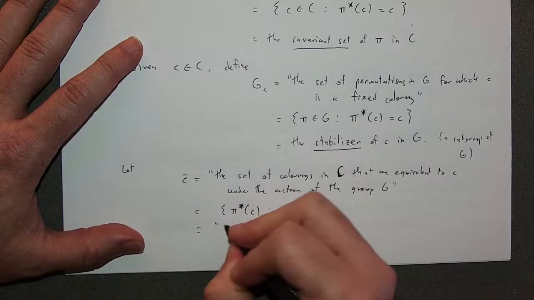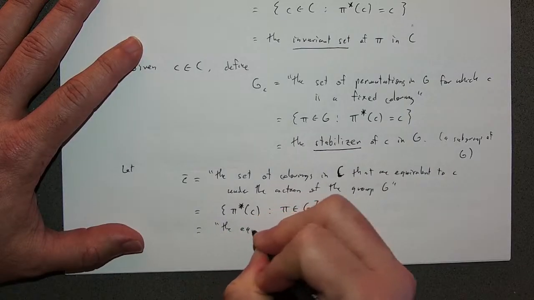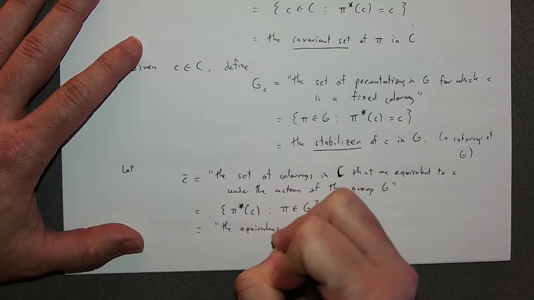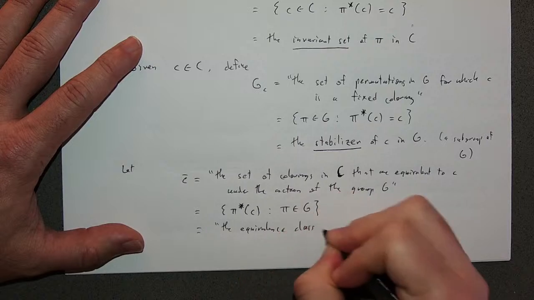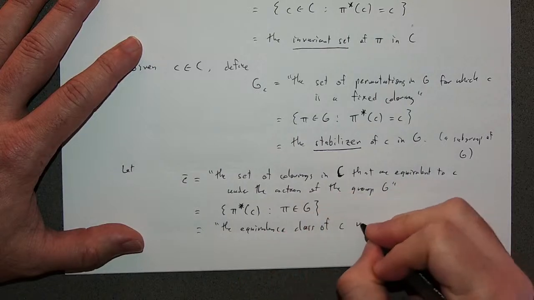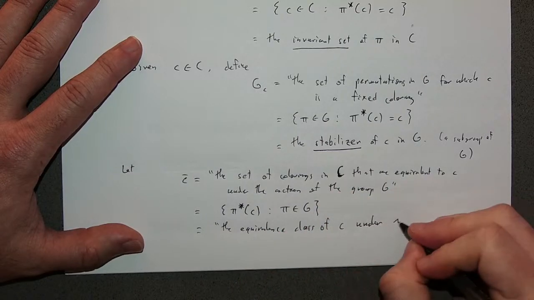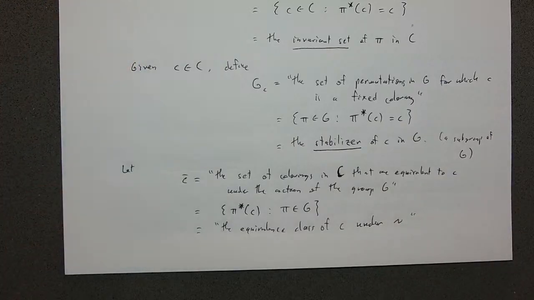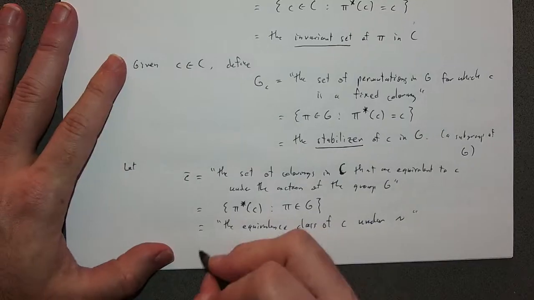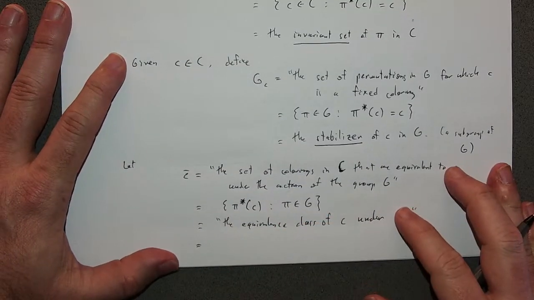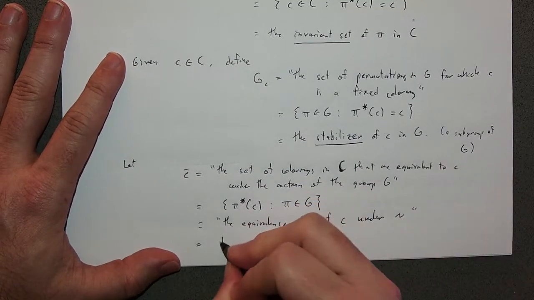It's just a quick way of writing the equivalence class of C under the equivalence relation that we defined yesterday, which we denoted by tilde, the default symbol we use for a generic equivalence relation. This is also called, in words, the orbit of C under this action of G.